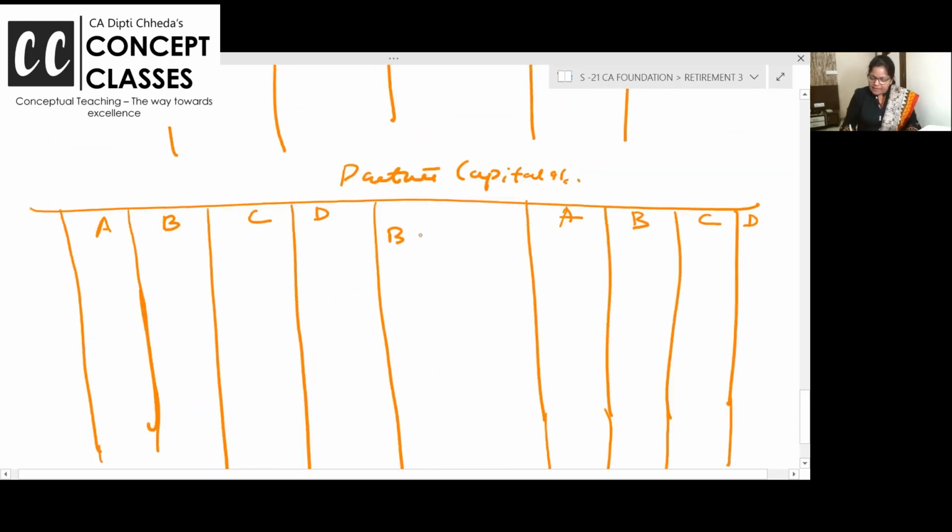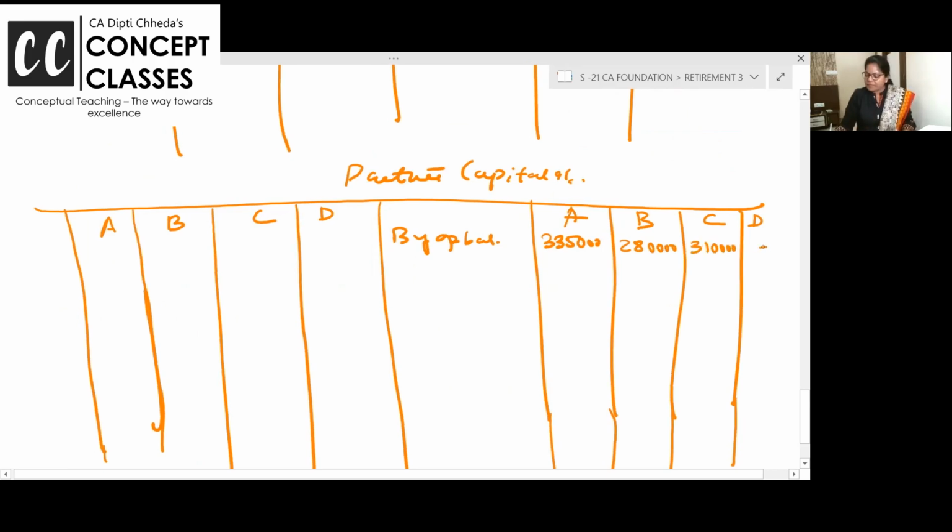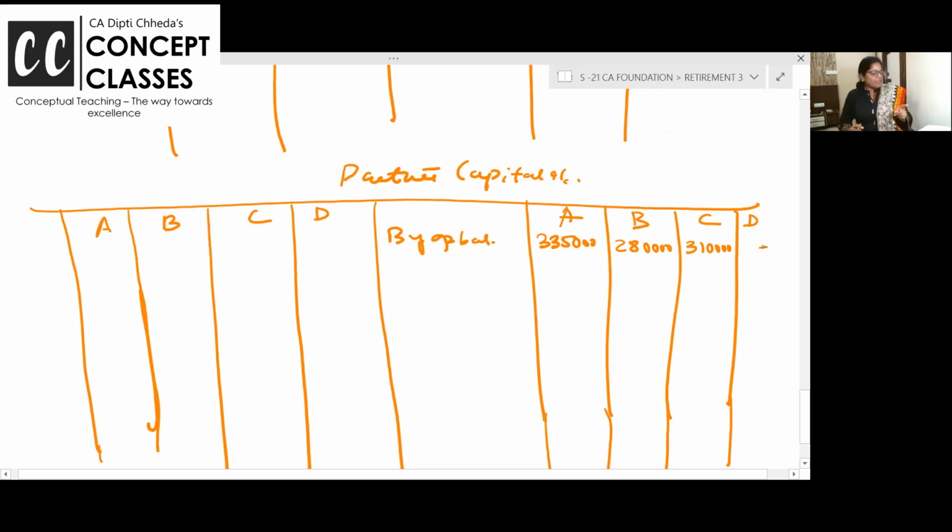Opening balance is given. Let us put it up first. Opening balance 3,35,000, 2,80,000, 3,10,000. 335, 280 and 310.